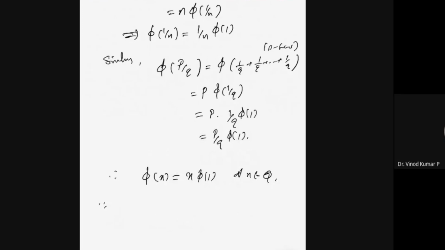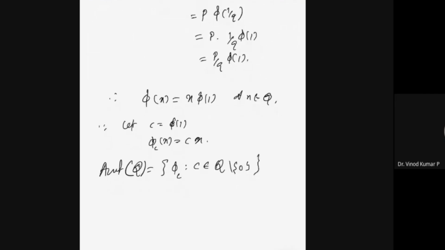So if I denote c as phi of 1, then phi of x is actually c times x. Therefore, every automorphism of Q is of the form, let me denote this map by phi c, where c belongs to Q minus 0, because we want it to be an isomorphism.